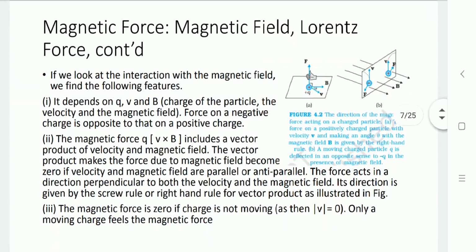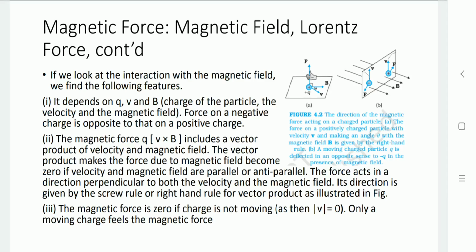Based on the Lorentz force, we can define some features. The first feature is that the magnetic force depends on the charge Q, its velocity v, and the magnetic field B. The force on a negative charge is obviously opposite to that on a positive charge.